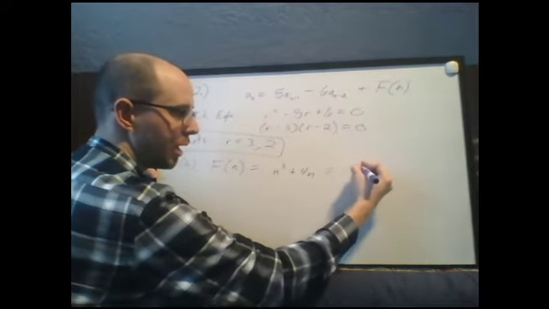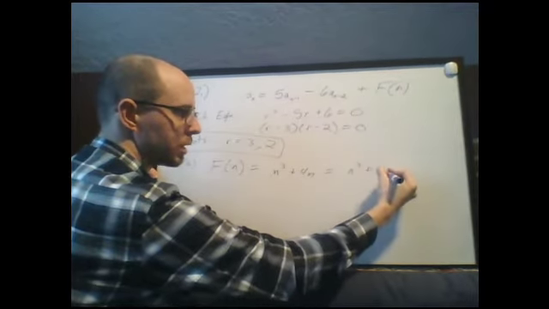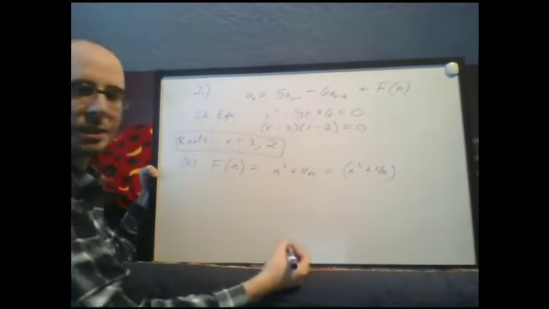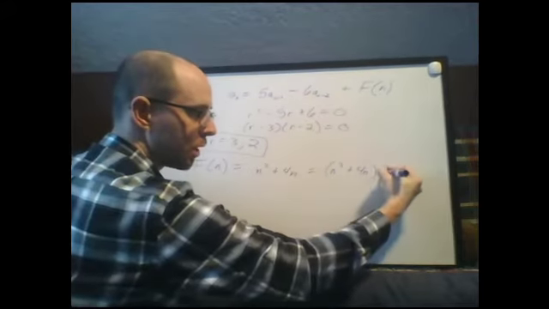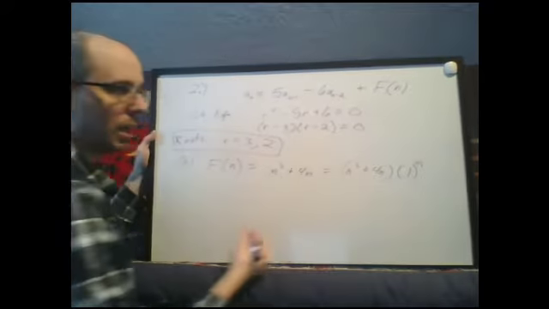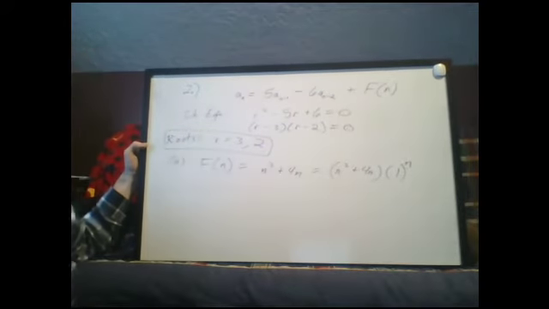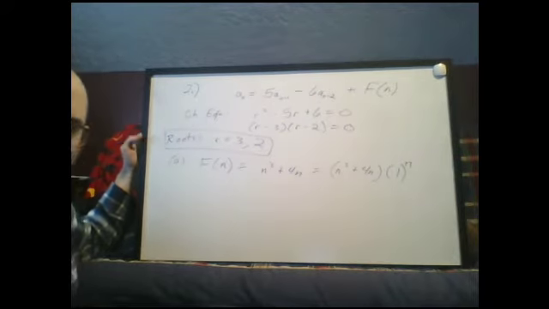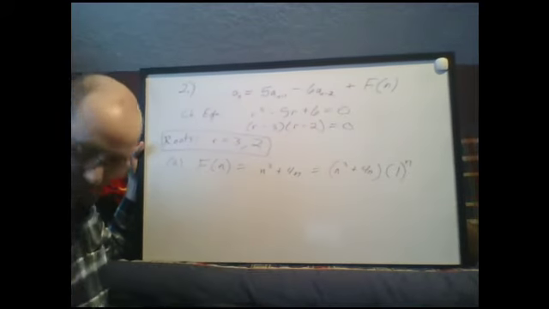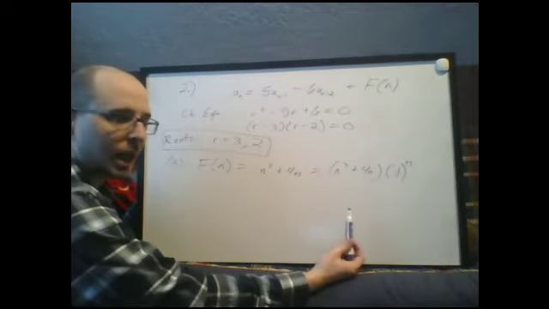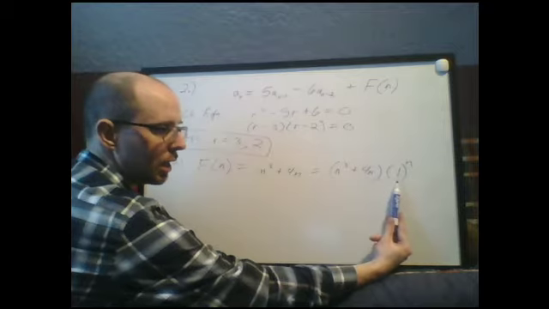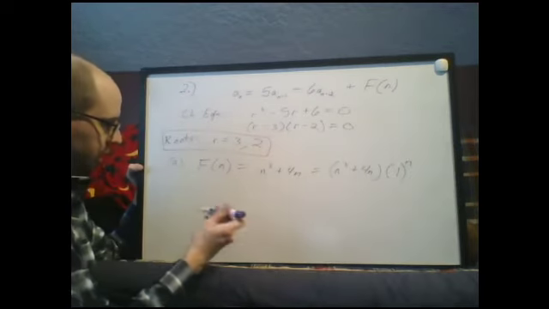So if it's just a polynomial, like this one, n cubed plus 4n, the exponential part is 1 to the power n.